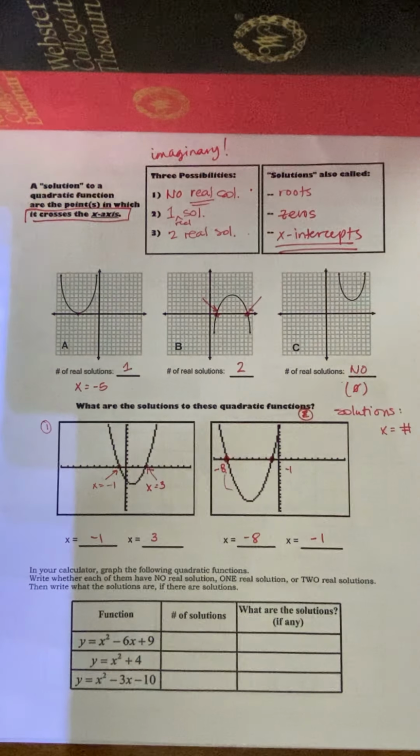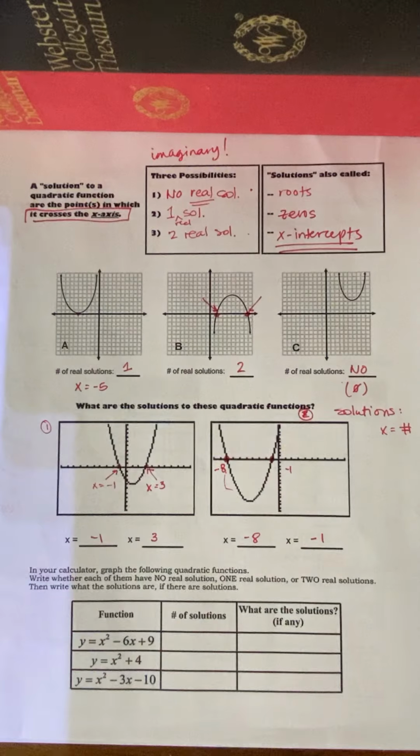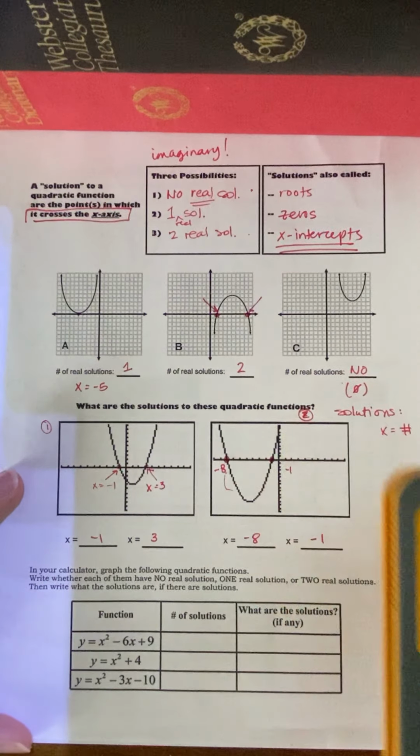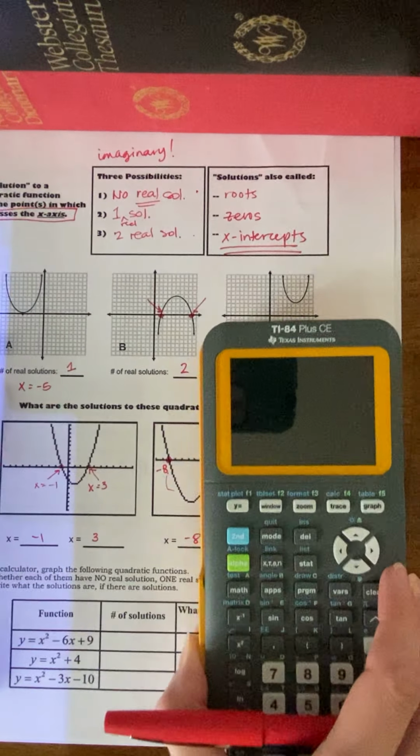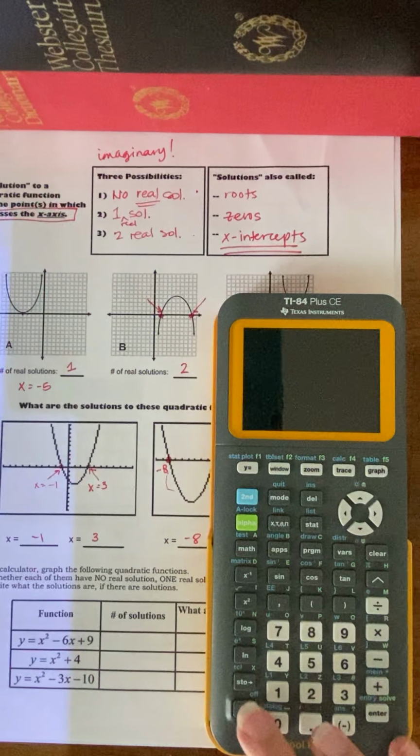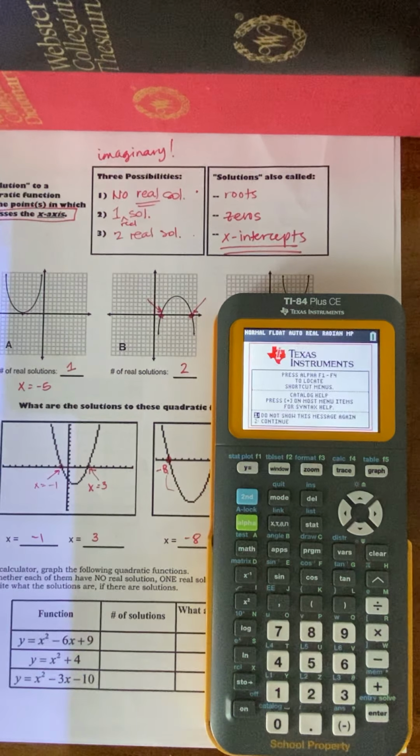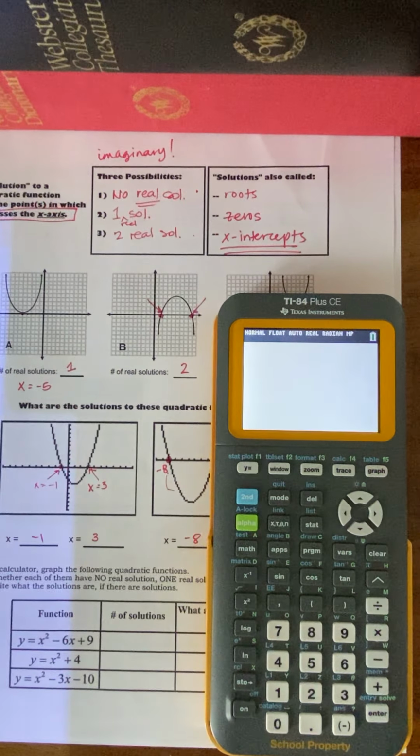Now, the next thing, this is asking you to graph each of these in your graphing calculator. And on that how-to sheet I sent you, it gave you a link to what looks exactly like a TI-84 Plus CE.